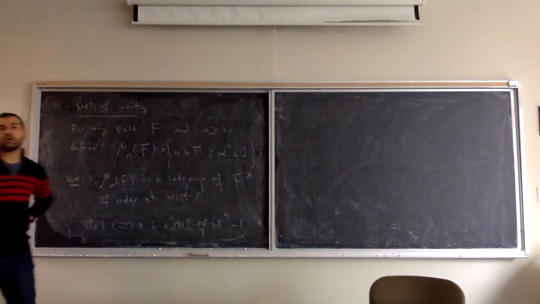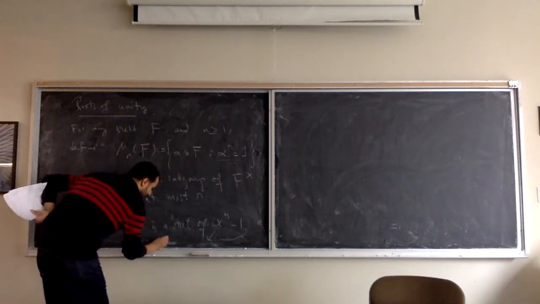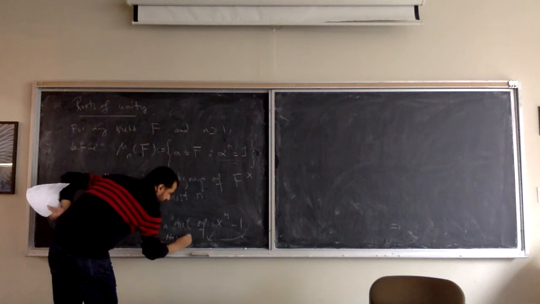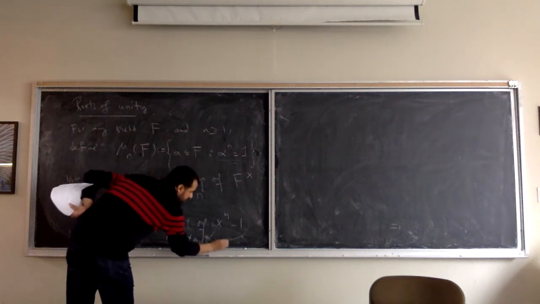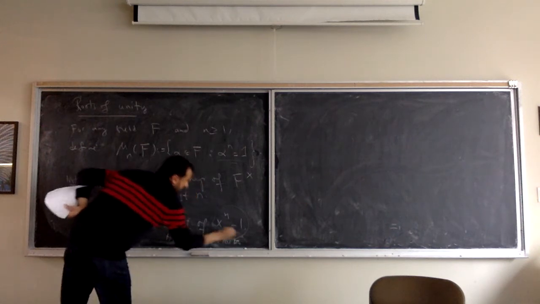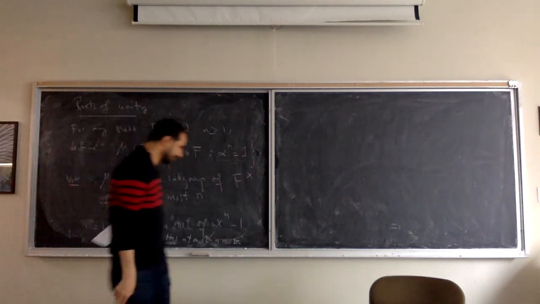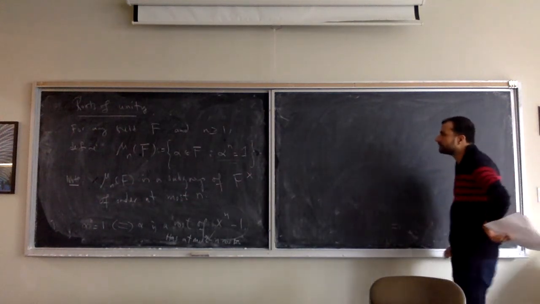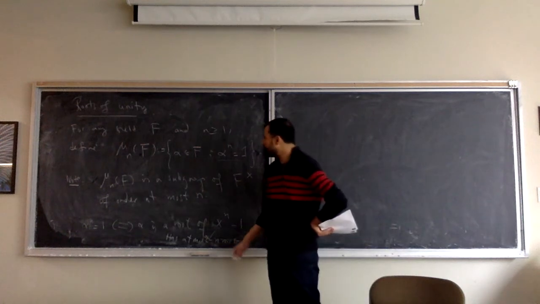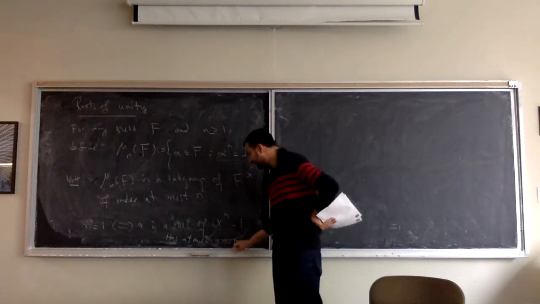It can have at most n roots. So mu n of F has at most n elements. So that was that. For any n and any field F, the group of nth roots of unity in F is a subgroup of F star of order at most n.